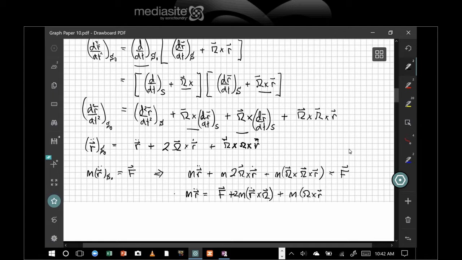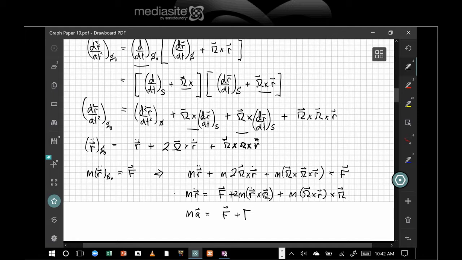Oops, sorry, that's a vector there. Okay. Now, going back to Newton's second law. Newton's second law tells me this. But I don't want to write it in the S naught frame, I want to write it in the S frame.